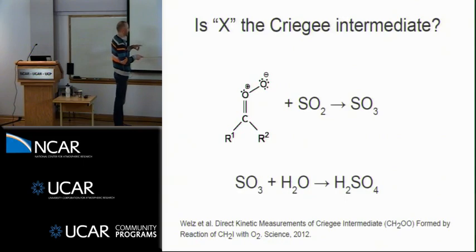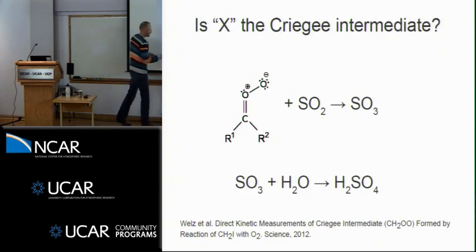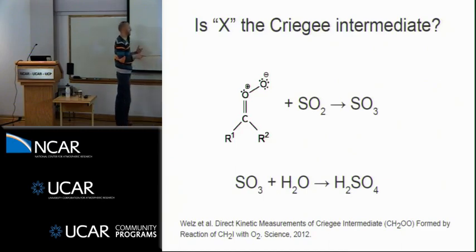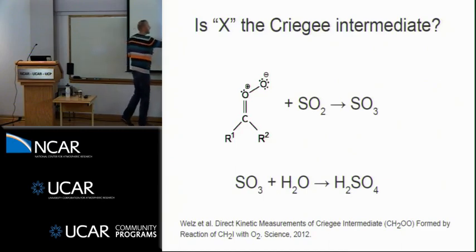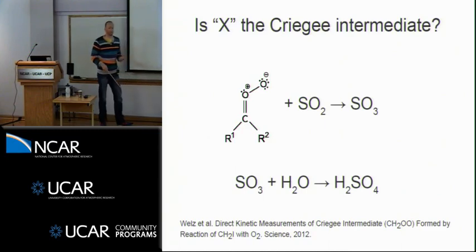The other Science paper that came out was by Welz, and this is the first one that came out. They were measuring the reaction rates between the Criegee intermediate and SO2 and found it to be a few orders of magnitude faster than what was previously in the NIST literature. I don't know why it was slower before, or what they were doing differently to get it to be faster.